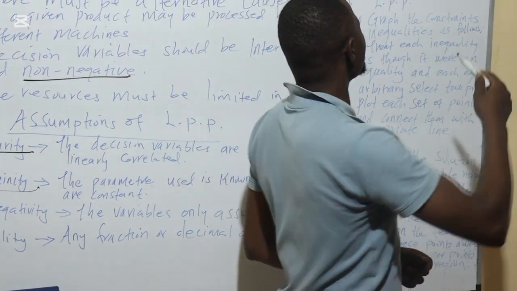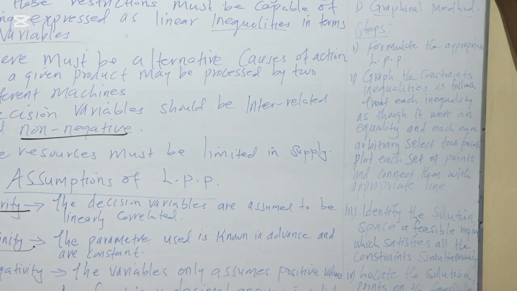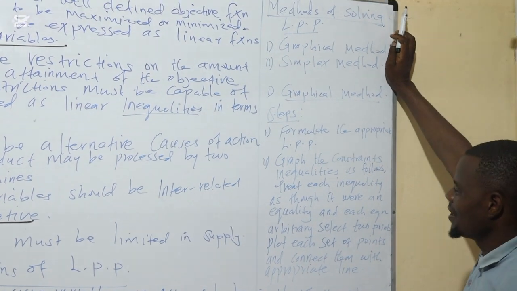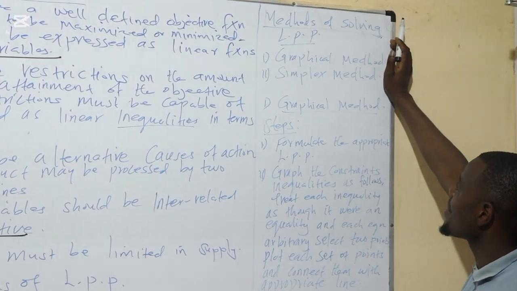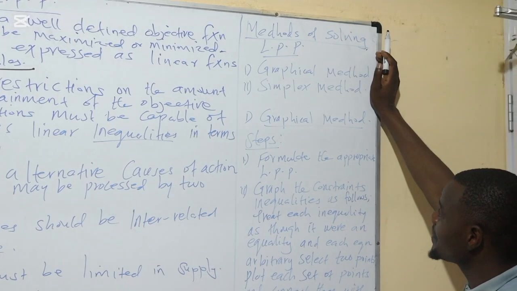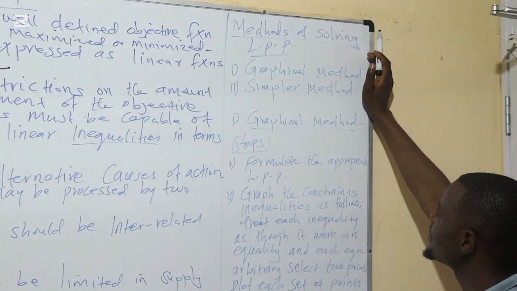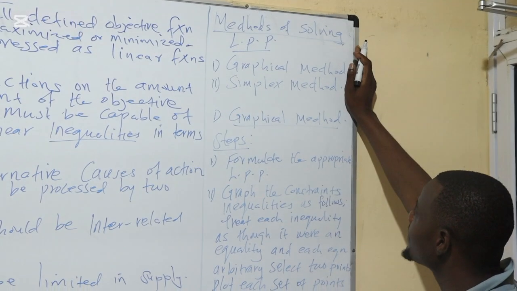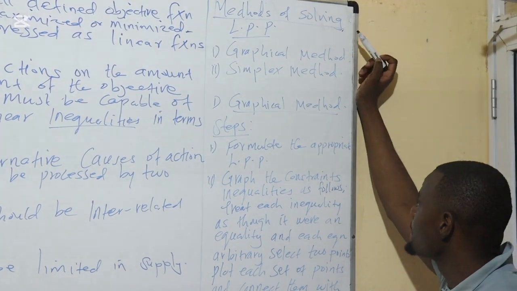So let's look at some of the methods you can use to solve linear programming. For now I have these two methods. Other methods will be done in managerial accounting.